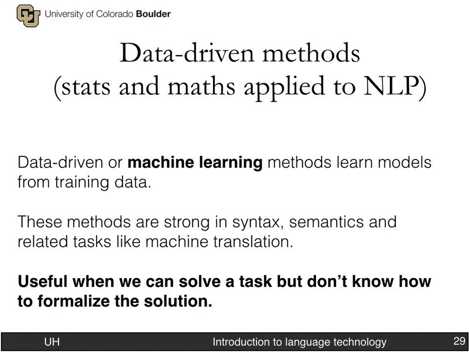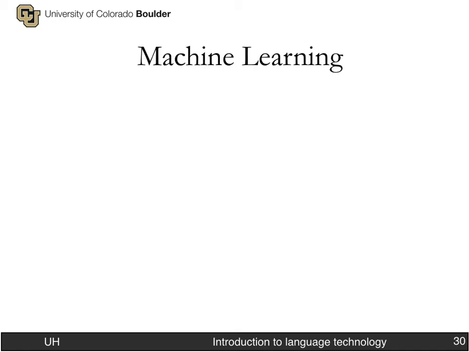So data-driven methods are strong when we know how to solve a task, but it's difficult for us to formalize that knowledge. For example, we have amazing human translators, but they're not good at explaining how exactly they translate in a way which we could then convey to a computer. Let's look at an example of a data-driven system.